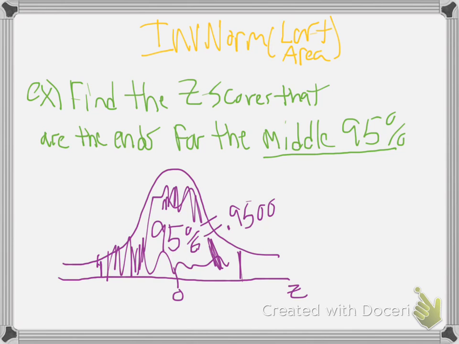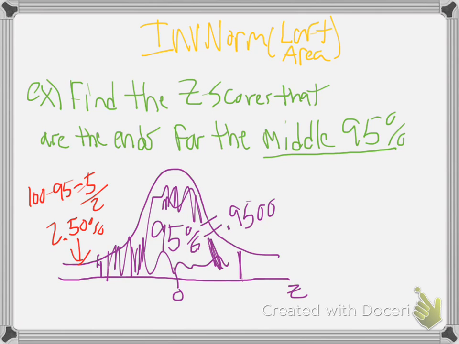But remember, inverse norm only does area on the left. So maybe we want to figure out this area in the left-hand tail. If there's 95% in the middle, everywhere else there's 5%. 100 minus 95 is 5%. Take that 5% and divide it by 2, and that's the area here, 2.5%.